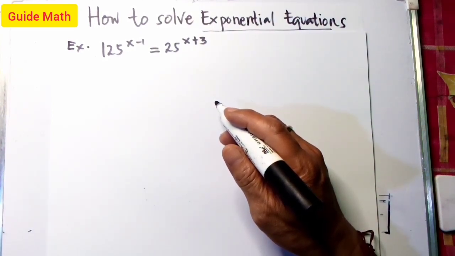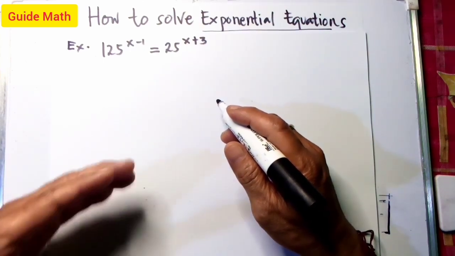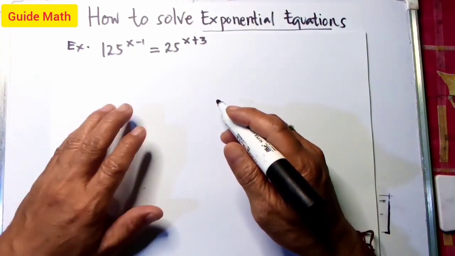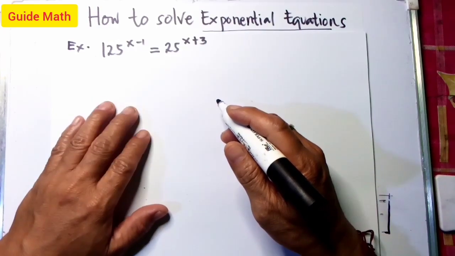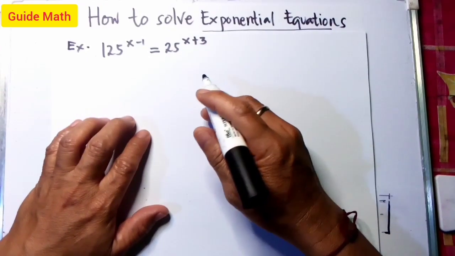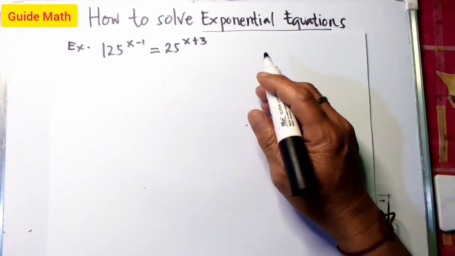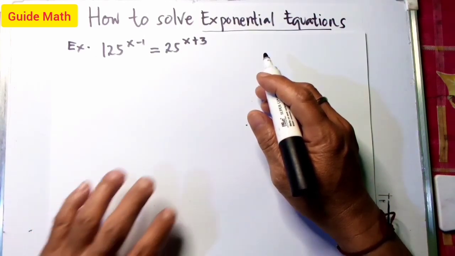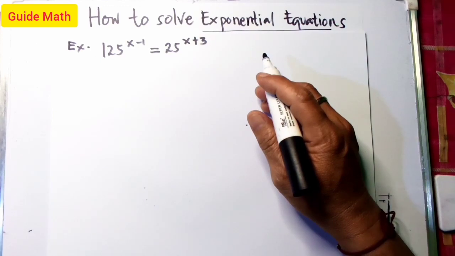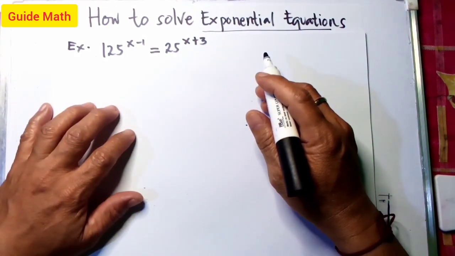Meron tayong mga pamamaraan pa rin. So if the bases are not the same or not equal, then we have to use logarithms, no, to solve the exponential equation. But yung mga ibibigay ko sa inyo sa ngayon is yung mga example na mahanapan natin ng paraan na ang basis nila ay magkakapareho.